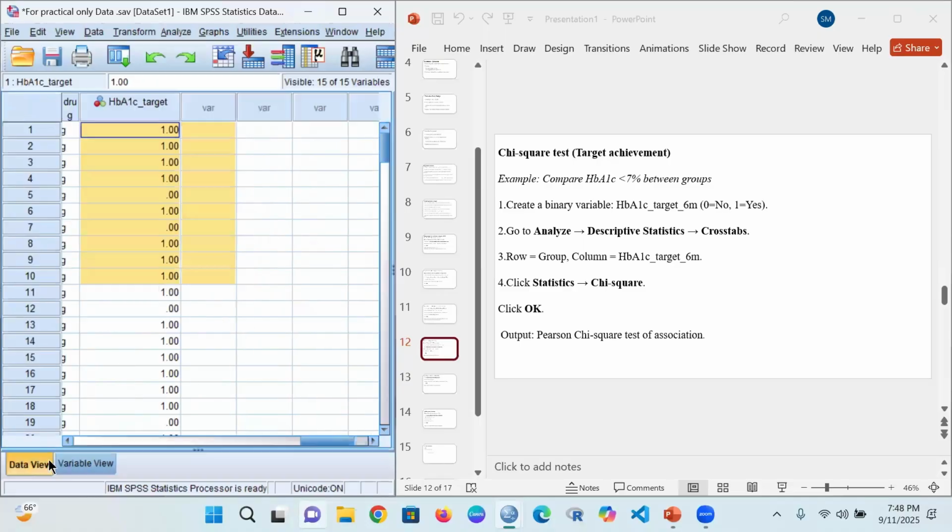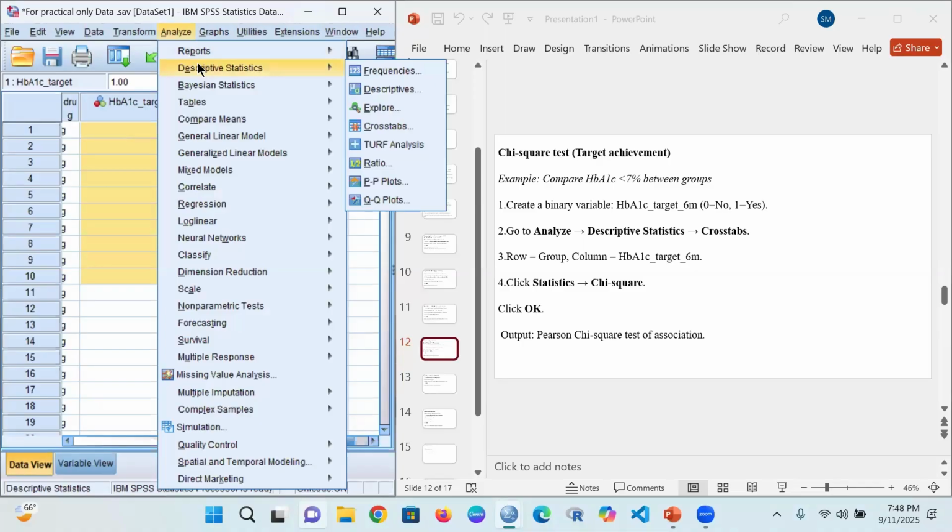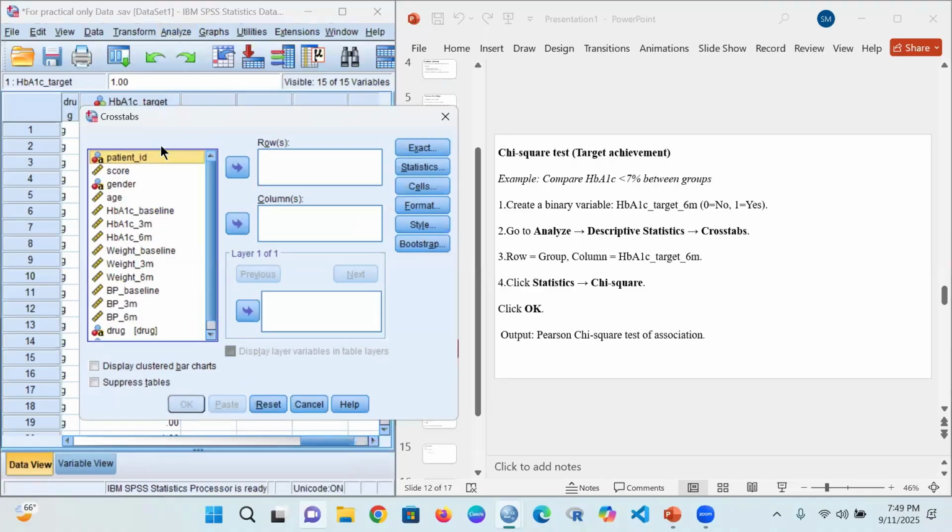So we can now conduct the chi-square test so that we can see how many patients achieved our target. That is the first step, creating a binary variable. I think everyone has understood here. Next we go to Analyze, then Descriptive Statistics, then Crosstabs. Under Crosstabs, in the row you bring in the group.